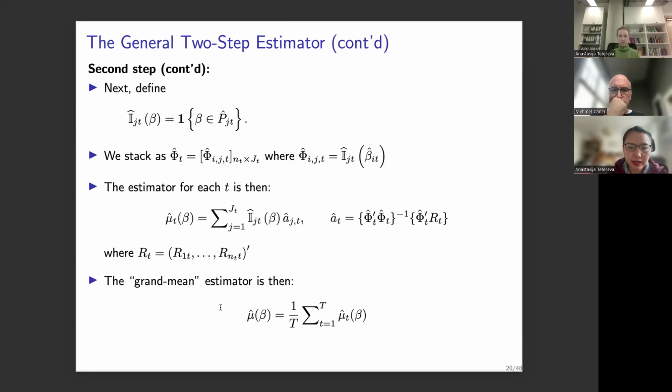And the second step, as we mentioned, if you write things in partition regression language, the quite different thing is that you have an evaluation point. This indicator function indicates whether beta, some evaluation point you decide in advance, say 0.